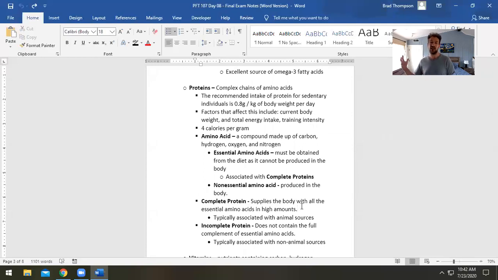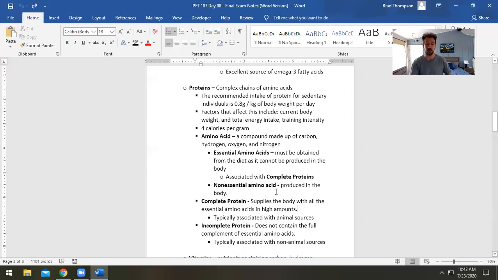If an animal's body assembled all of those proteins, assembled all of those amino acids, that's the protein that they have. They might not have had a diet, maybe they were missing some non-essential ones, but their body assembled those. So if it's an animal product, it's made of all 20 amino acids.